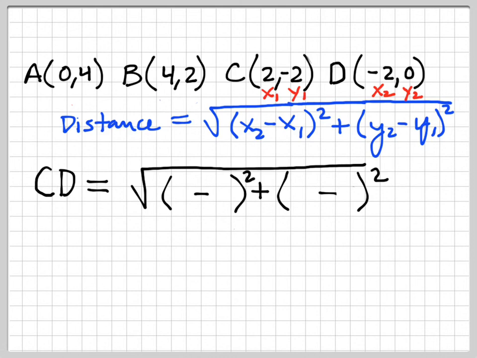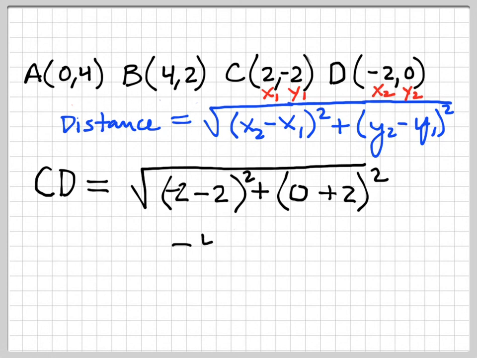And the last length we need to find is CD. So I put in the appropriate x1, y1, x2, y2. Negative 2 goes in this spot. Minus 2 here. 0. Try that again. 0. Minus a negative here. Here's where I get my plus 2.